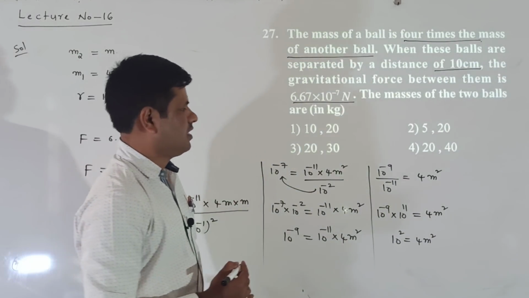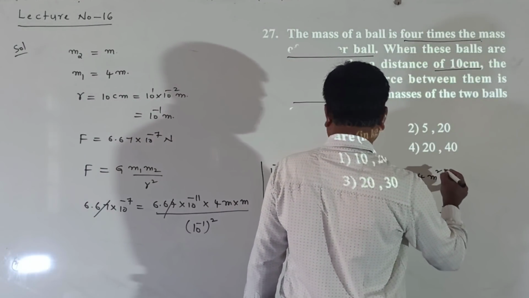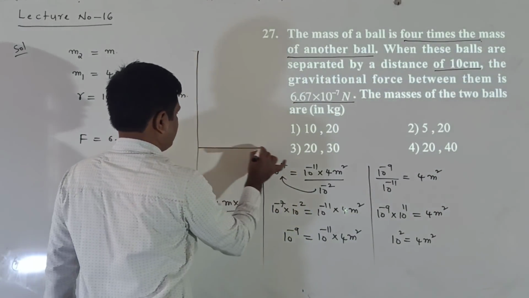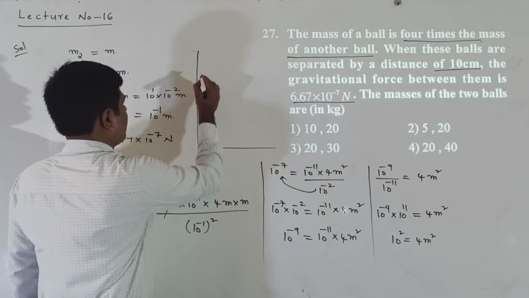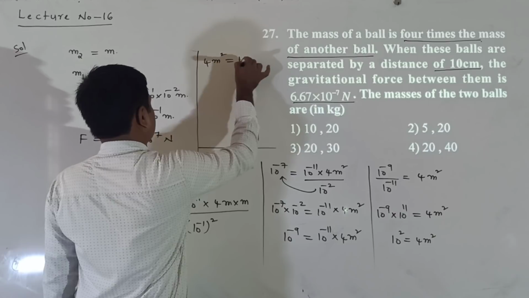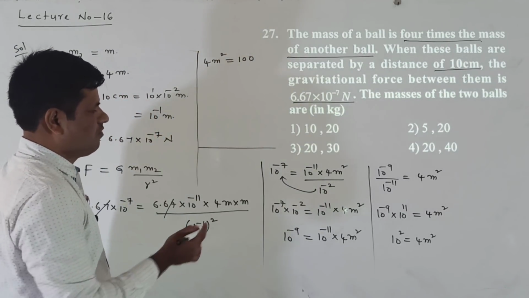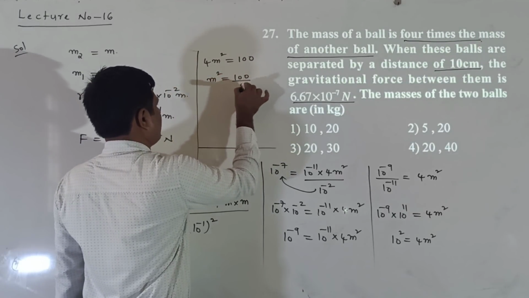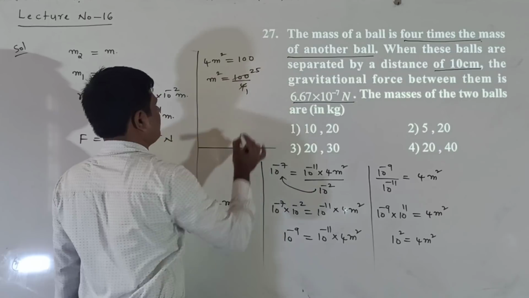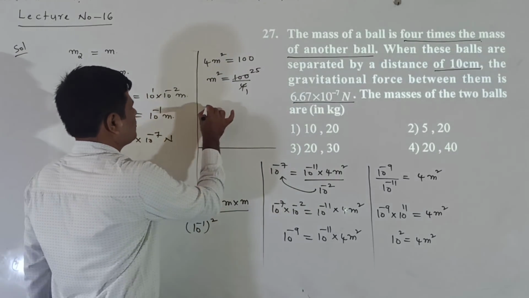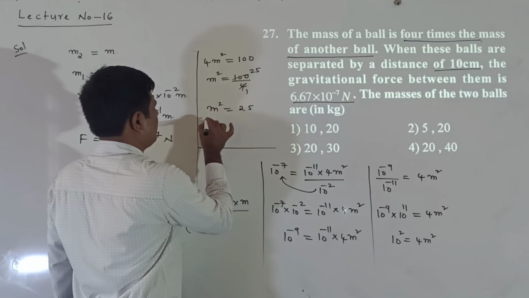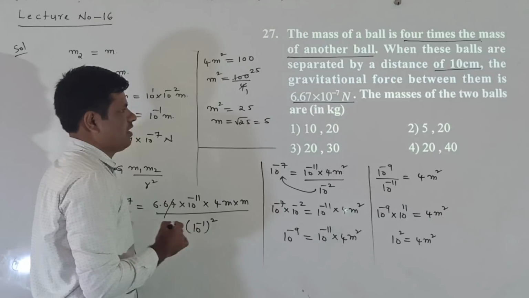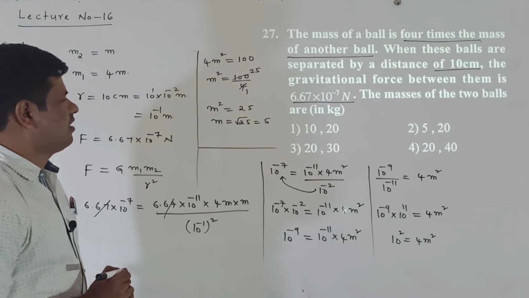That is, 4m square is equal to 100, because 10 square is 100. Here m square is equal to 100 by 4, which is 25. From this m is equal to root 25, which is 5, so we are getting 5 kg.